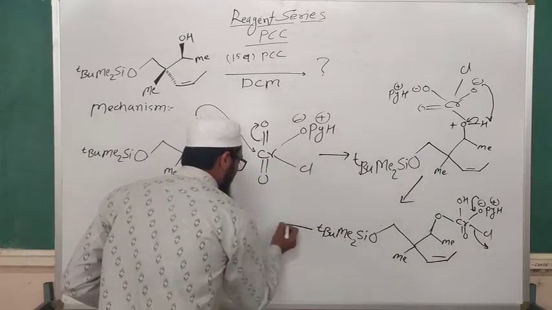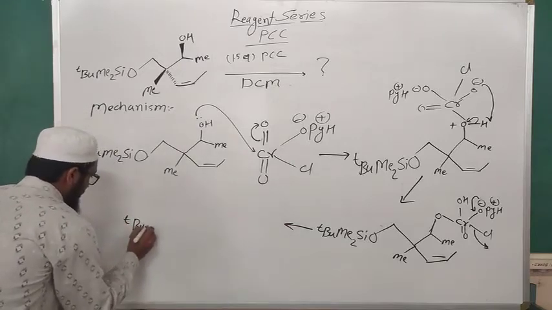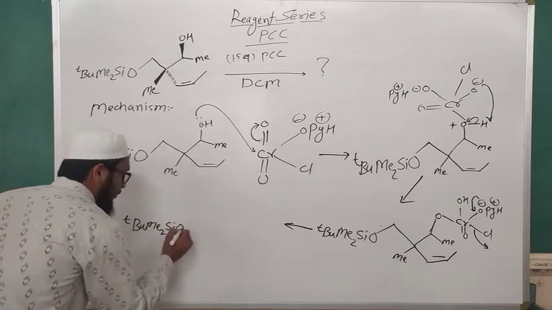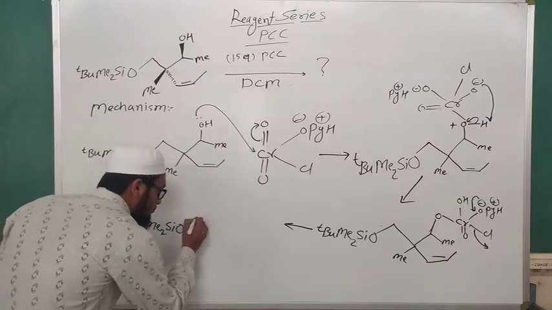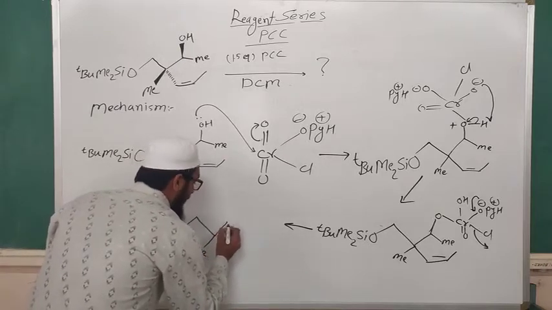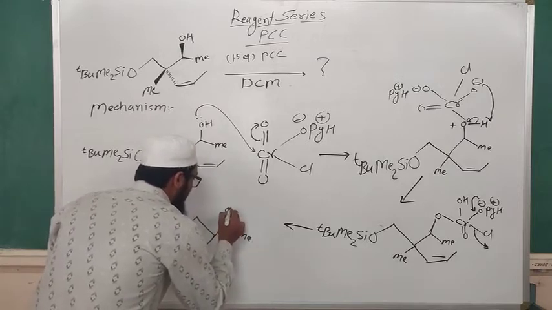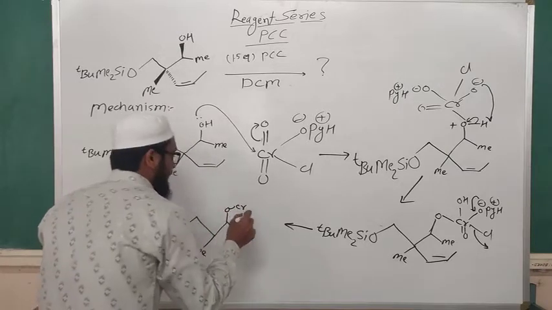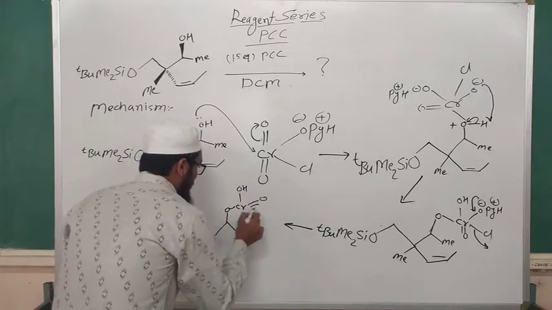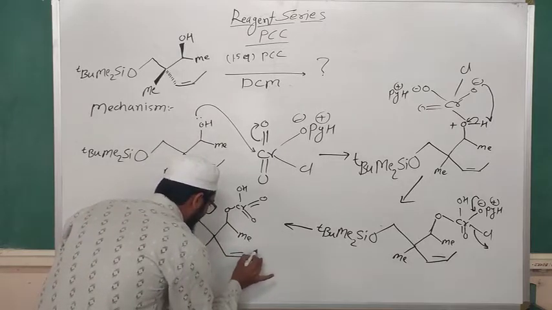I will get here tertiary butyl dimethyl selenium oxide, then CH2, then methyl group, and then I have methyl group here, then I have oxygen here attached to the chromium, and then we have OH, double bond O and double bond O, and here we have our alkene.